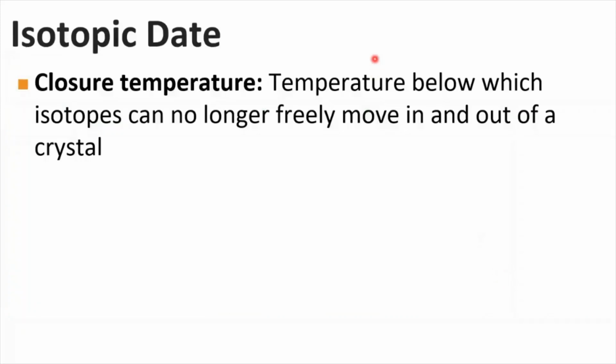And when you obtain an isotopic date, what does an isotopic date really mean? It's talking about closure temperatures. So this is the temperature below which isotopes can no longer freely move in and out of a crystal. And so what type of rocks do you think can be radiometrically dated?